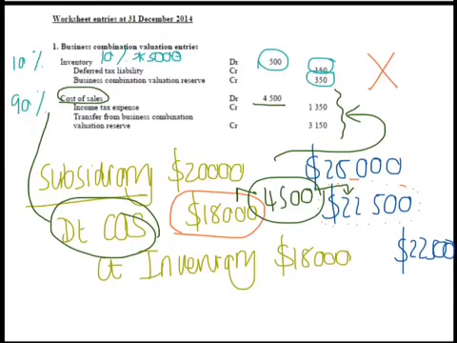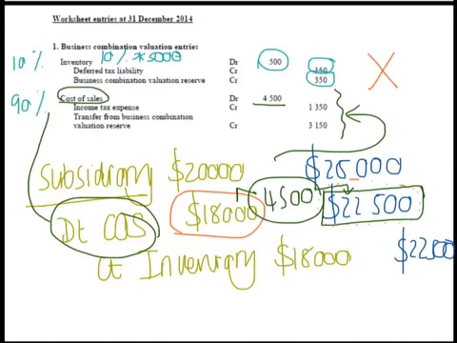So the cost of sales from a group perspective needs to be increased by $4,500, so that when we've passed this BCVR entry, our cost of sales will be $22,500. Okay, so we increase the cost of sales with $4,500, so that when we add it to our combined results of the subsidiary and the parent company, it would reflect what it should be from a group perspective.